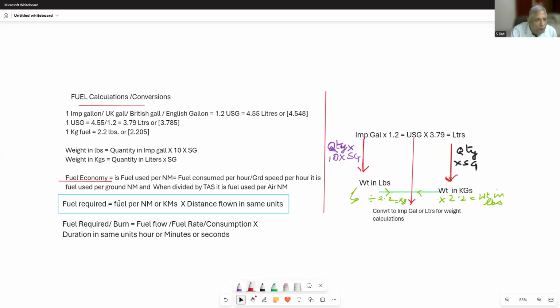Total fuel required, or the fuel that you use, is either fuel required per nautical mile or kilometer into the distance you are going to fly in nautical miles or kilometers, or the fuel you are going to burn will be fuel flow or fuel rate or fuel consumption. All three mean the same thing.